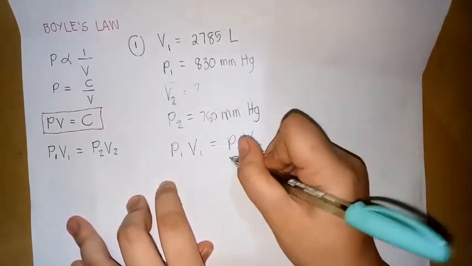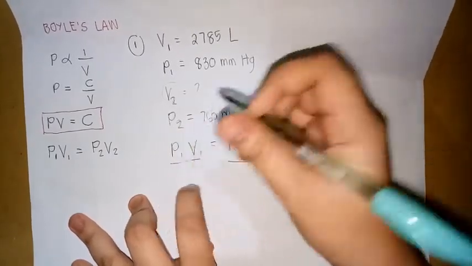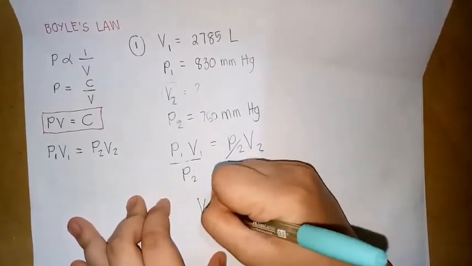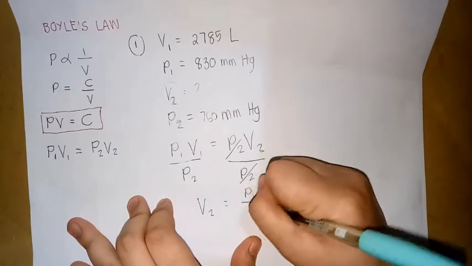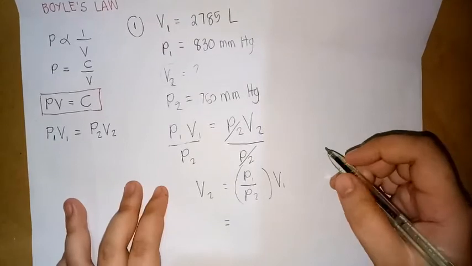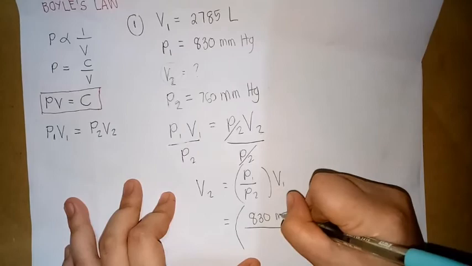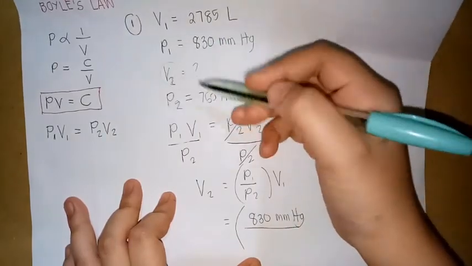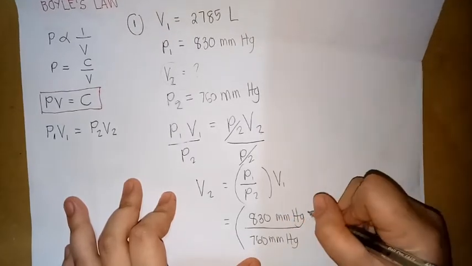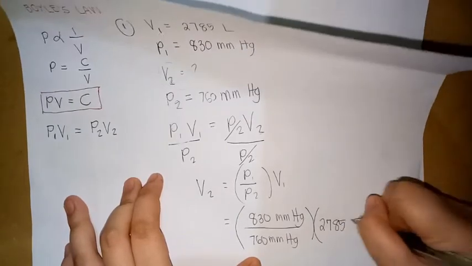In order to solve for V2, we leave V2 on this side of the equation. Let us divide both sides of the equation by P2. This will cancel out, so V2 is equal to P1 over P2 times V1. Now, substituting the values, we have P1 equivalent to 830 millimeters of mercury, P2 is 760 millimeters of mercury, and V1 is equivalent to 2,785 liters.